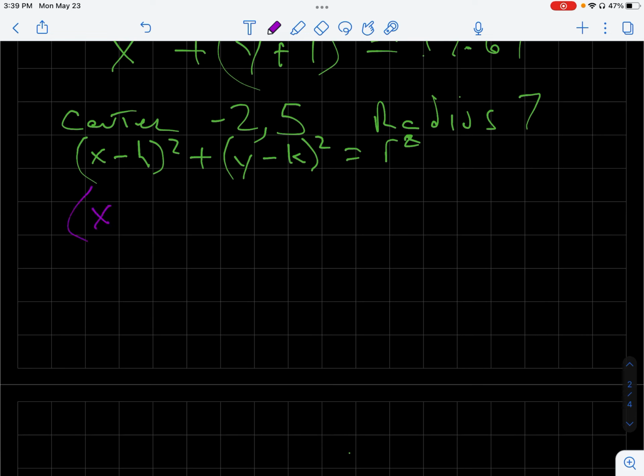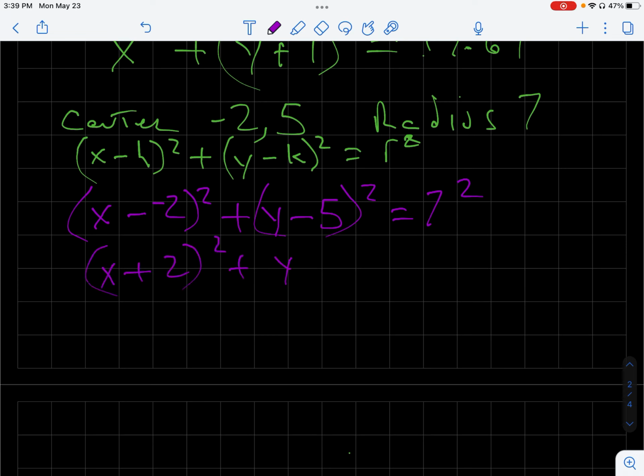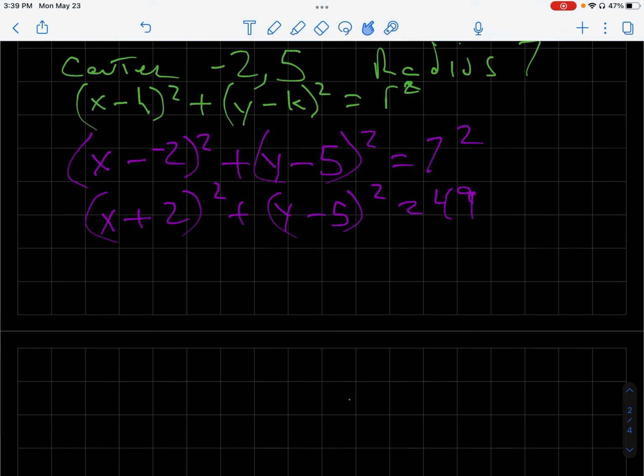So x minus a minus 2 squared plus y minus 5 squared equals 7 squared. So x plus 2 squared plus y minus 5 squared equals 49 is our answer.